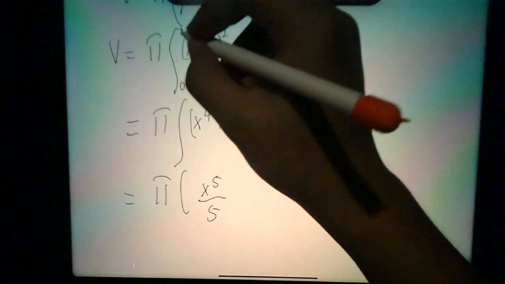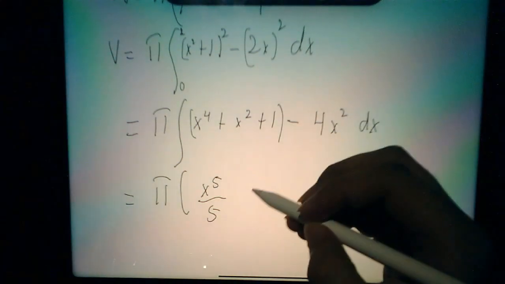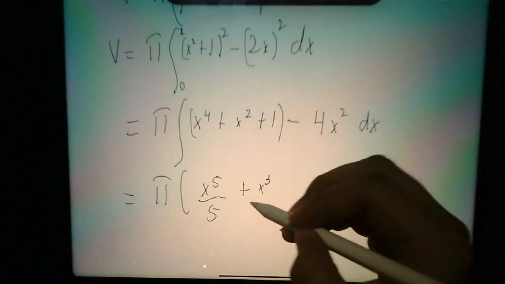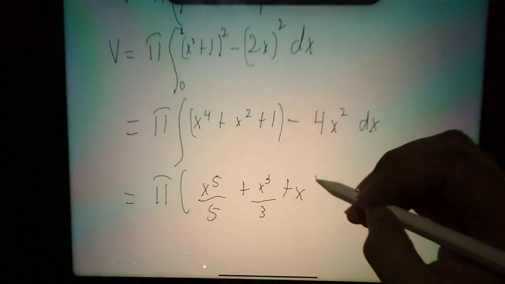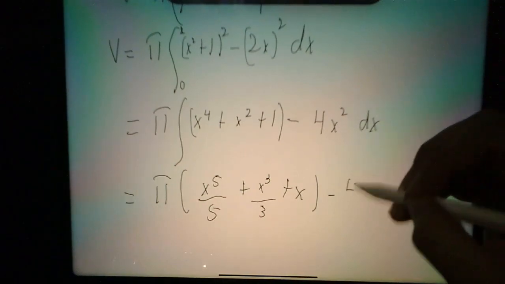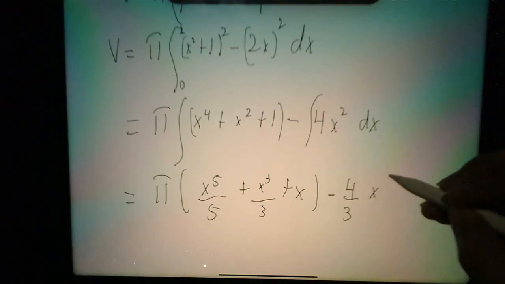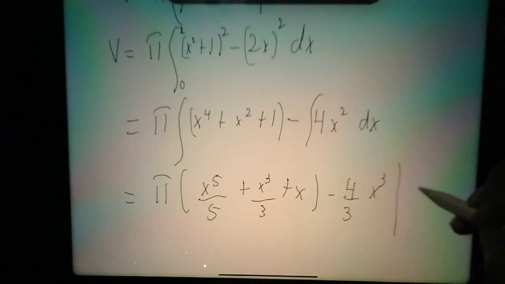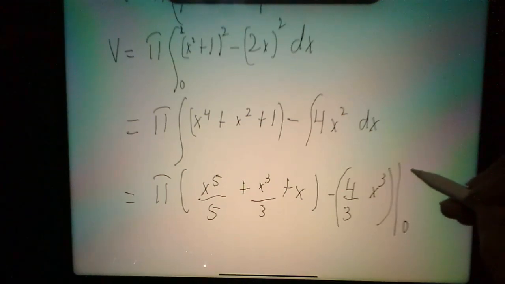So x to the 5 over 5 plus 2x cubed over 3 plus x, minus the integral of 4x squared, which is 4 thirds times x cubed, from limits 0 to 2.